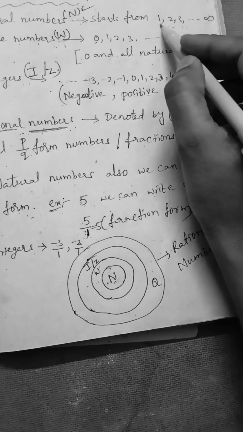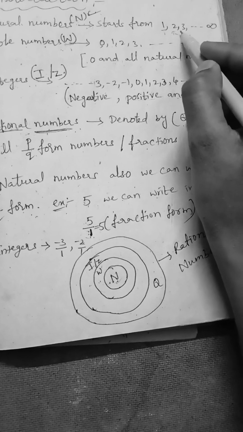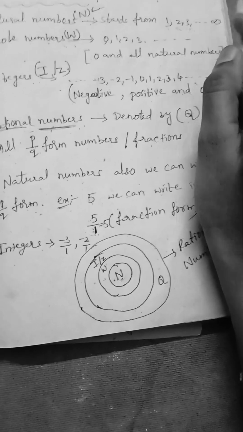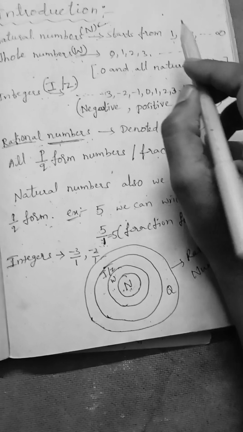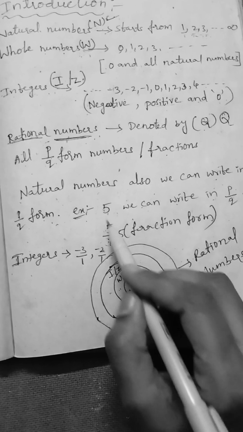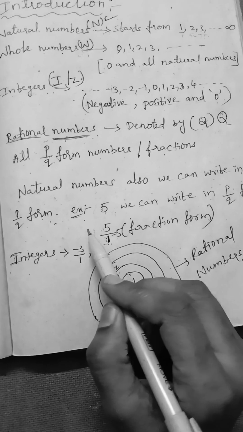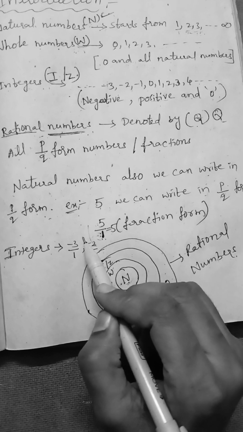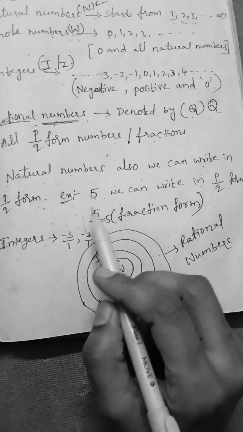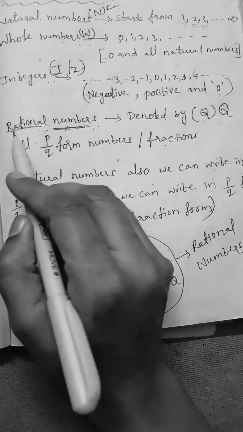So we can write all natural numbers divided by 1, and the number will not change. P is the numerator and q is the denominator. Which has numerator and denominator, that is a fraction form. That is the rational numbers.